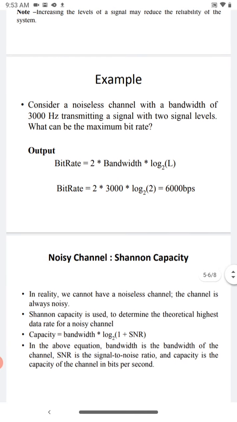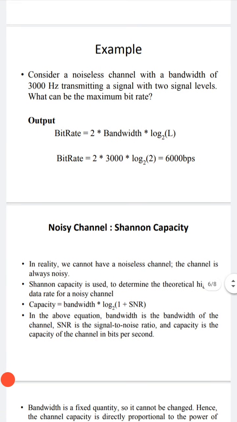Now, one example for a noiseless channel. Consider a noiseless channel with a bandwidth of 3000 Hz transmitting a signal with two signal levels. What can be the maximum bit rate? So now we have to calculate the bit rate.